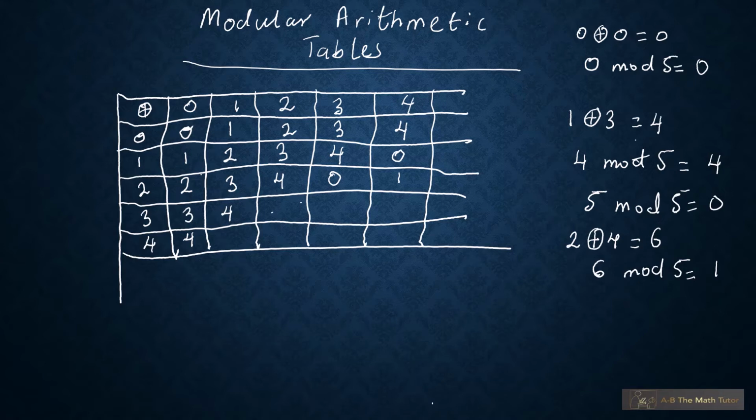3 plus 2 is 5. 5 in mode 5 is 0. 3 plus 3 is 6. 6 in mode 5 is 1. 3 plus 4 is 7.